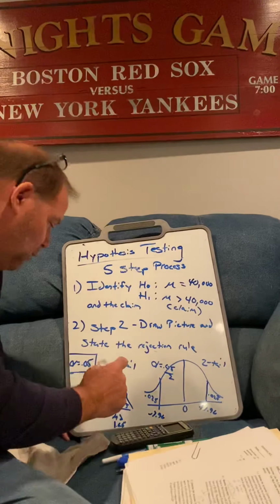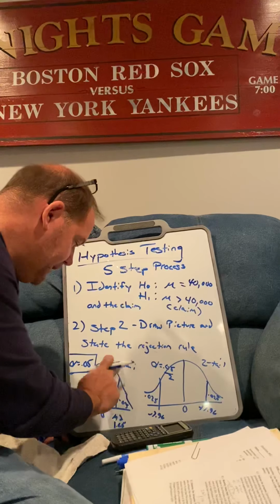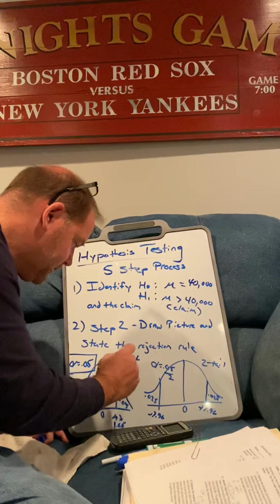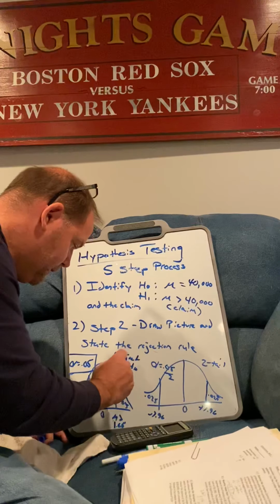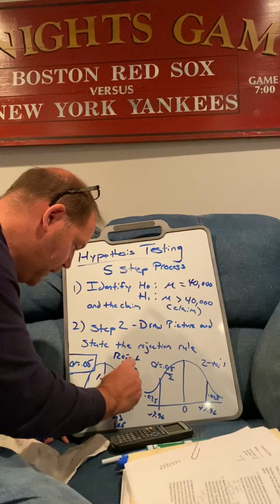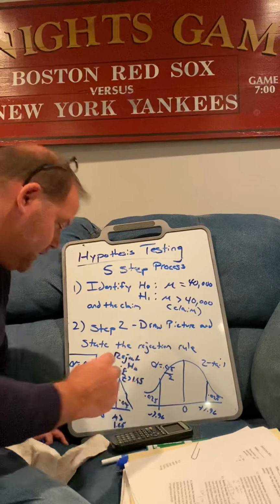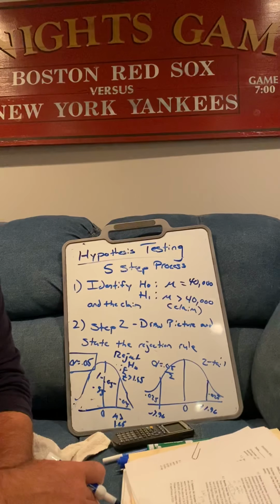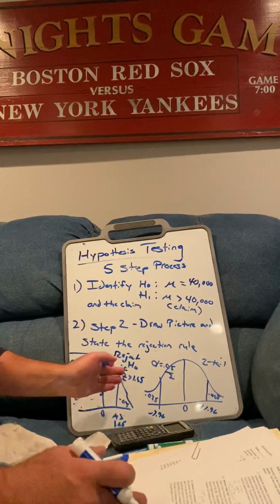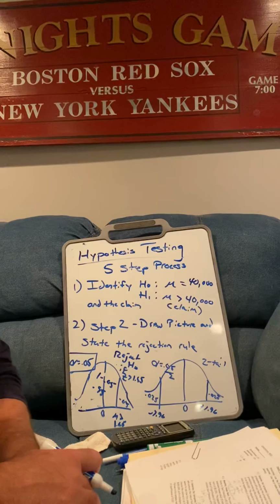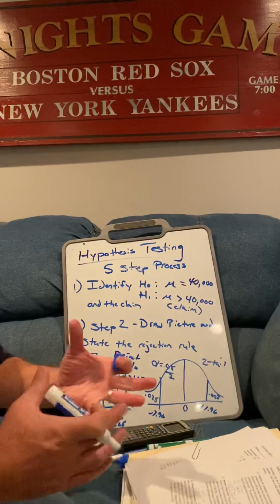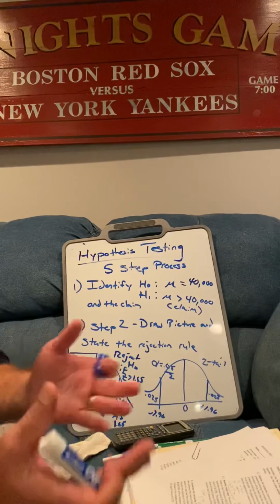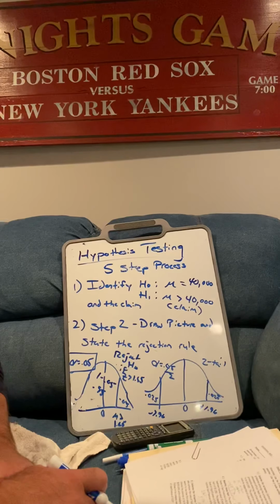So what we're going to say is that we are going to reject the null hypothesis if our z-score is greater than 1.65. And what we're basically doing here is we're setting up ourselves for step 3. We're going to come back to this step after we do step 3, figure out what our z-score came out to be, and that's going to tell us whether we're going to be able to reject the null hypothesis or not reject it.